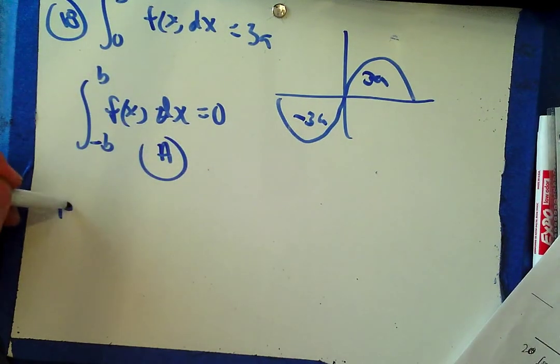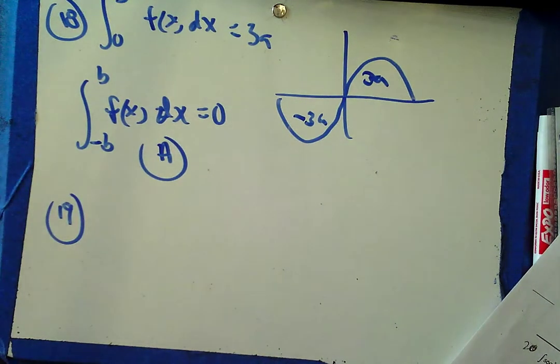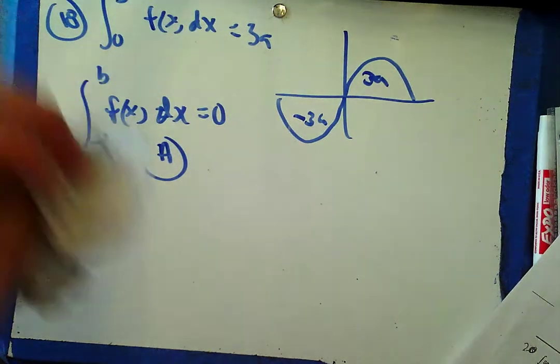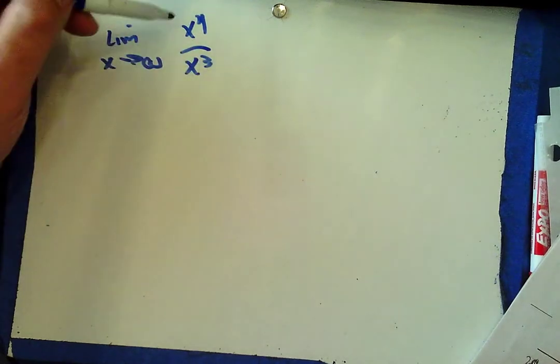How about 19? Which of these functions grow at different rates? Okay, so I see here two polynomial functions. Limit as x heads to infinity of x to the fourth over x to the third.